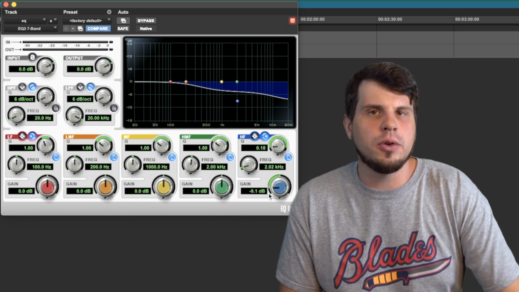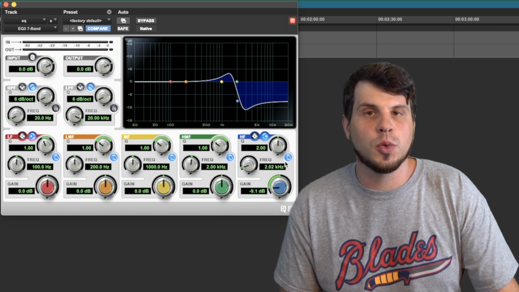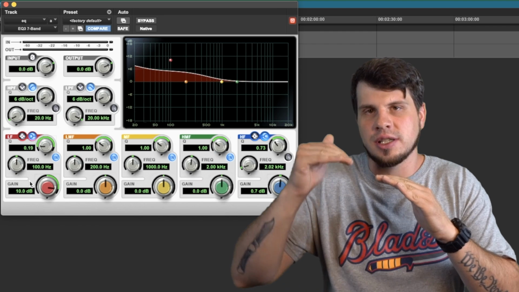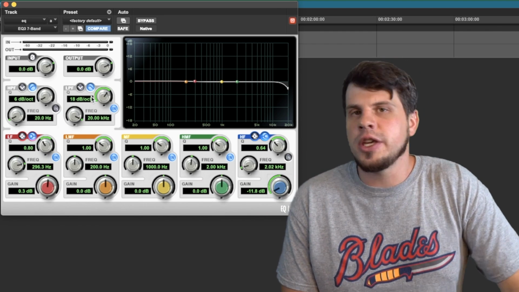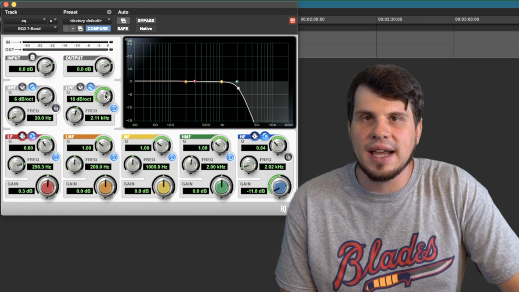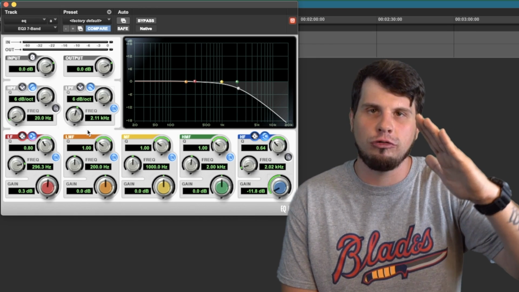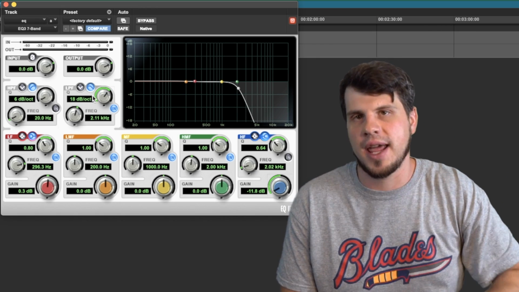If you have a Q control on your shelving EQs, what that is going to do is adjust the curve of that shelf. And if you have a Q control on your high pass and low pass, that's going to adjust how aggressive that curve is on that roll off.